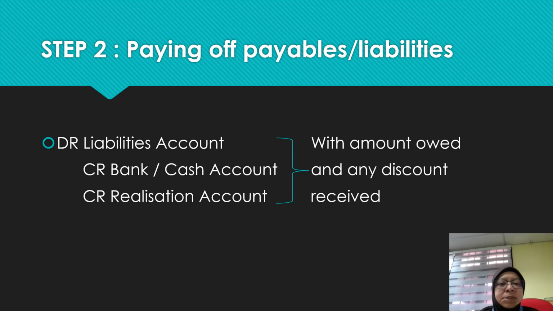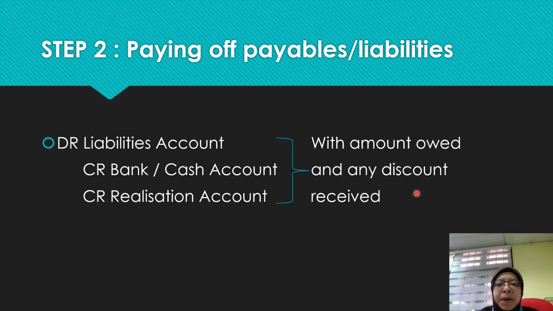Next, in step 2, we have to pay off all the liabilities, for example our payables. When we want to pay our payables, we check the amount that we have in the SOFP, and then we pay the actual amount owed.